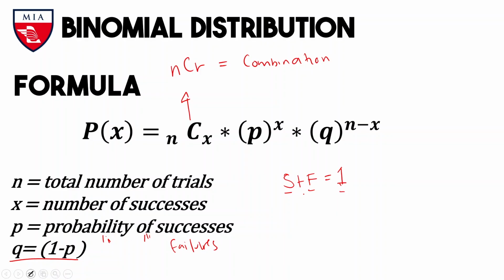So just remember how we can prove this formula or this condition. If S, or successes, is equal to P, and F, or failures, is equal to Q, then P plus Q is equal to 1.